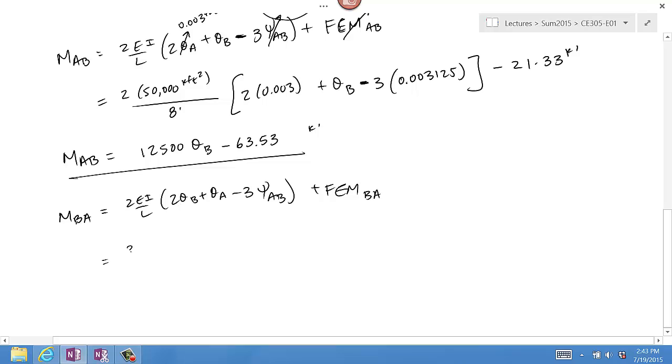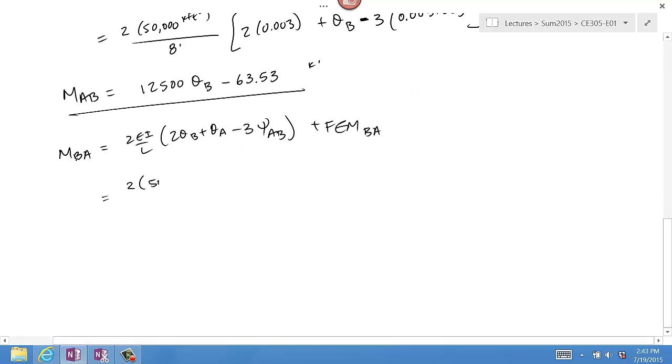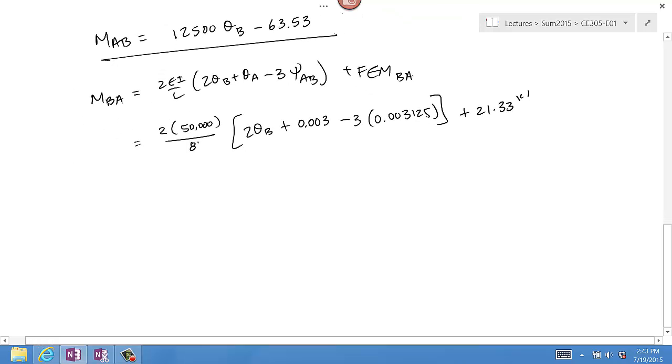So this is going to give us 2 times 50,000 over the length of 8 feet, 2 theta B plus theta A, which was a positive 0.003 radians, minus the 3 psi, and then the FEM-BA was positive 21.33 kip feet. Let's simplify this equation for MBA, and you get 25,000 theta B minus 58.36 kip feet.